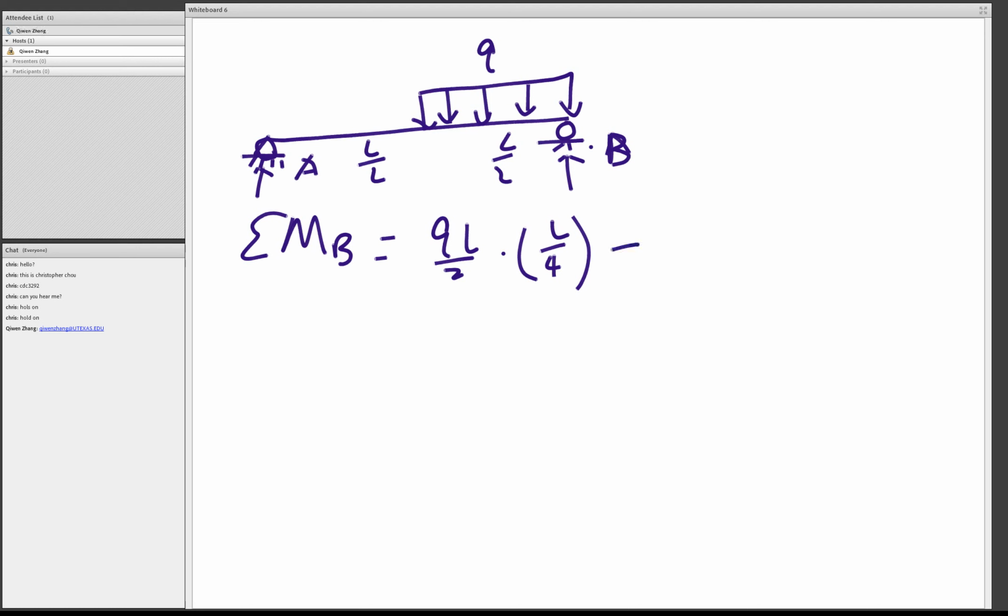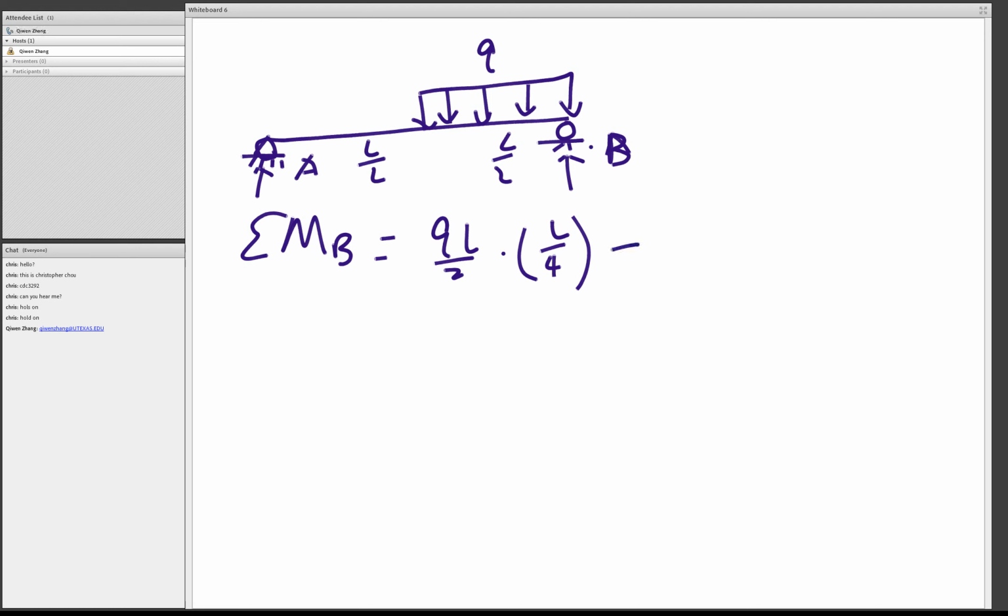So we need to find the area here, and this area is just 3/8 times this distance, 3/8, and then times 1/2.